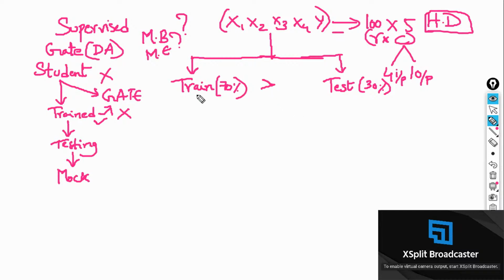Assume I have made it into two parts, and train has 70% of the data and test has 30% of the data. The train dataset has 70% of the data and the test dataset has 30% of the data. Now, can you tell me what will be the size of the train dataset and what will be the size of the test dataset?